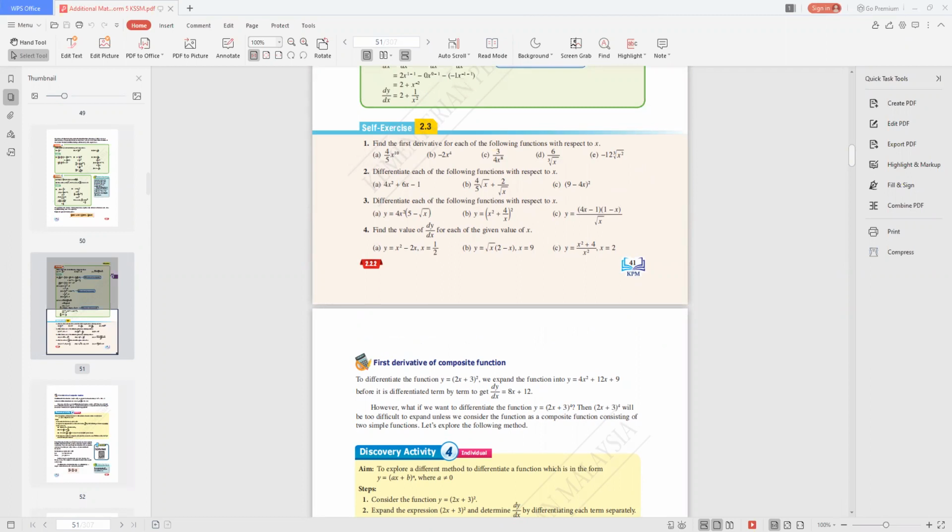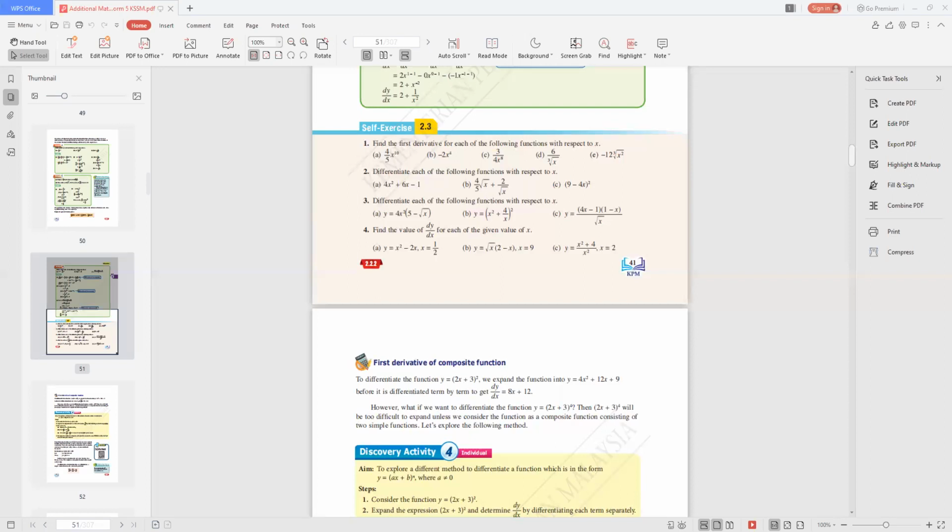Homework, page 41, self-exercise 2.3. Self-exercise 2.3.